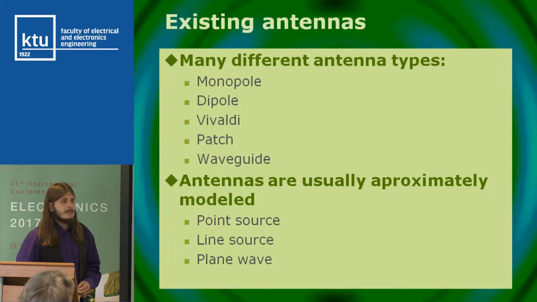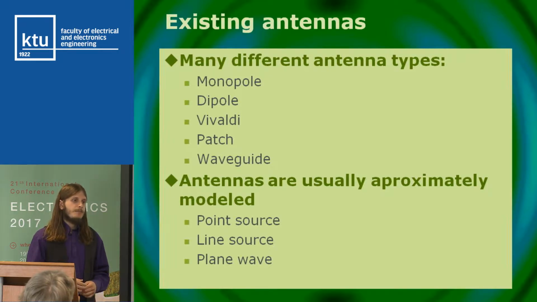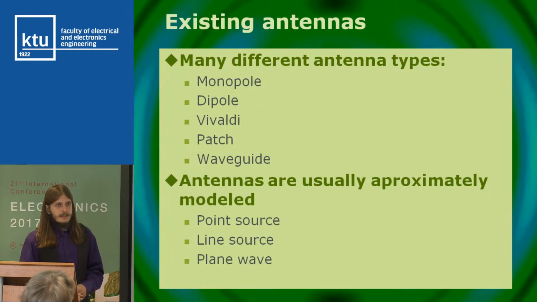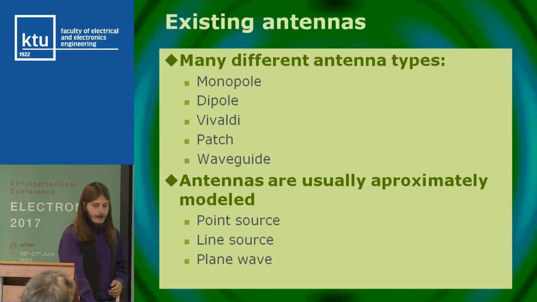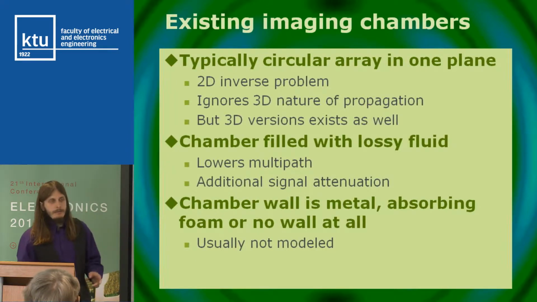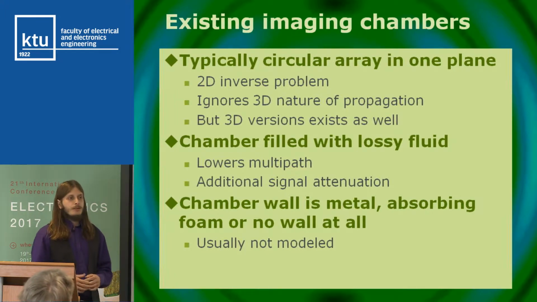So, just a short review: all kinds of antennas are used in this field. What's important is that in the simulation used in inversion, in most cases antennas are approximately modeled, like a point source, line source or plane wave. The chamber with the antenna array is also approximately modeled.